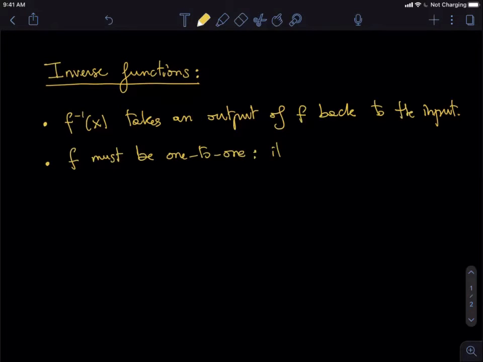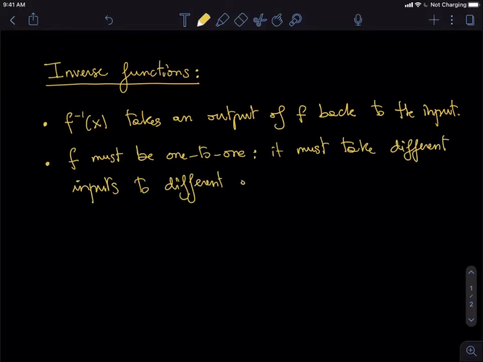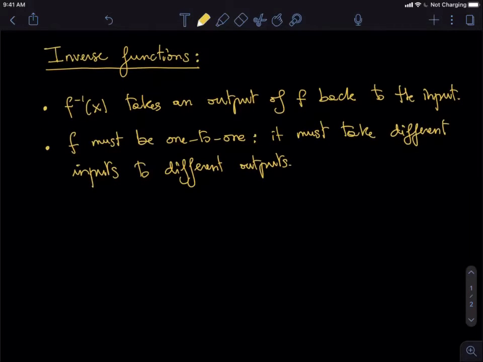Because it must take different inputs to different outputs. If it does this, then we will be able to track it back, to bring the outputs back to the original inputs.